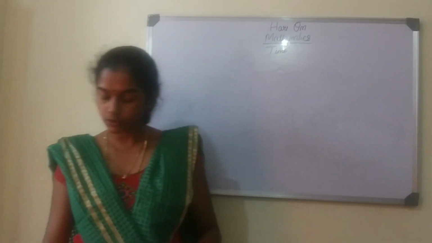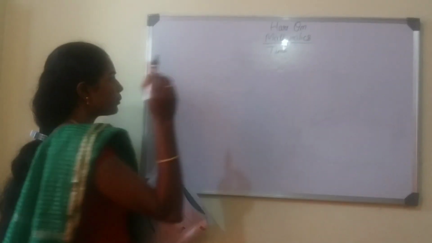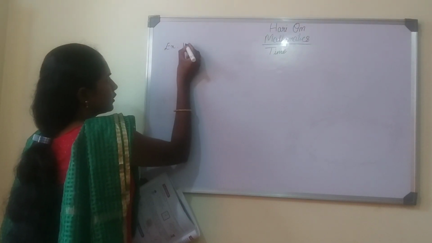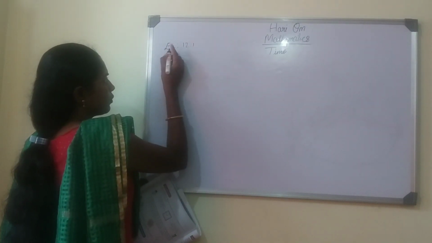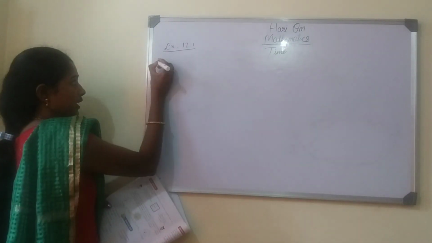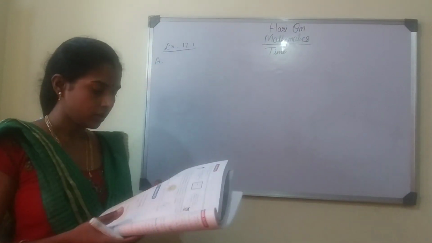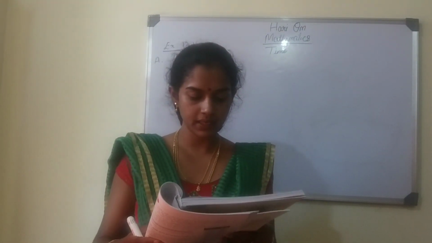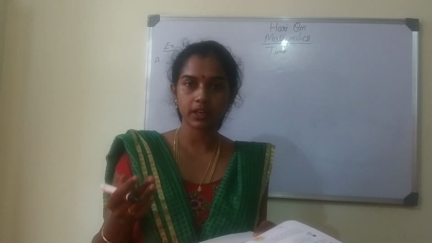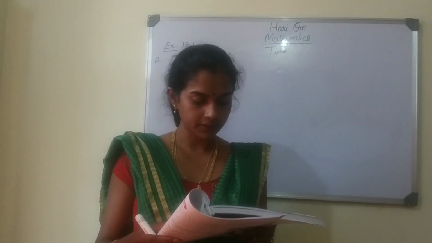Okay, children. Now let us go for exercise 12.1. In A main, write the time using AM or PM. They have given what the time is, whether it is morning, night or afternoon.